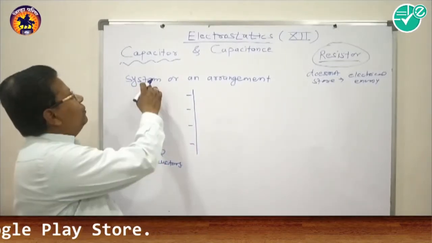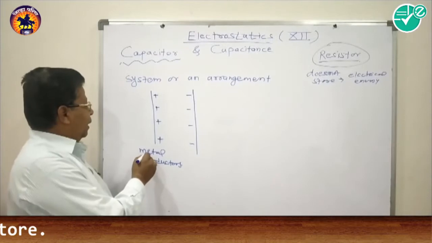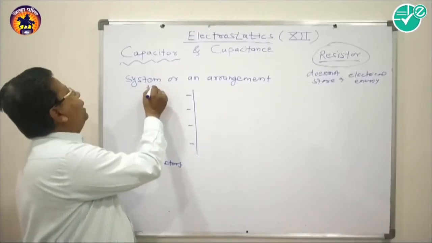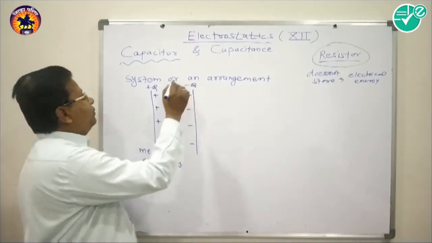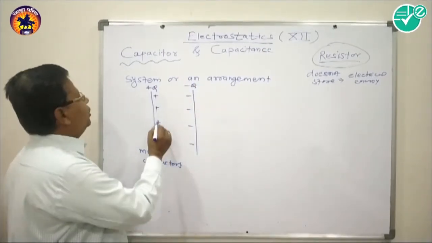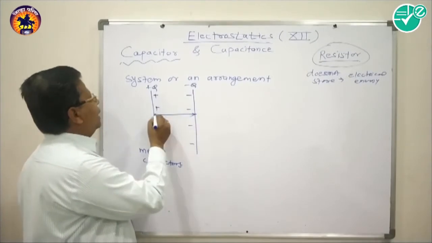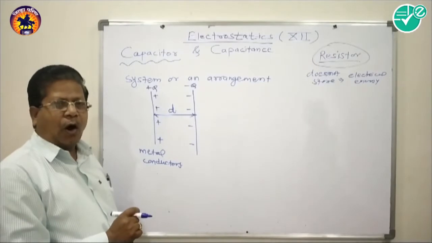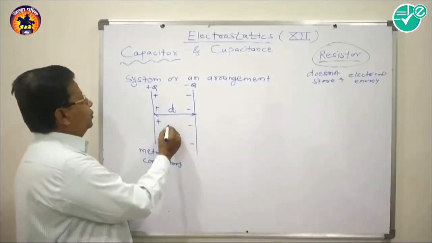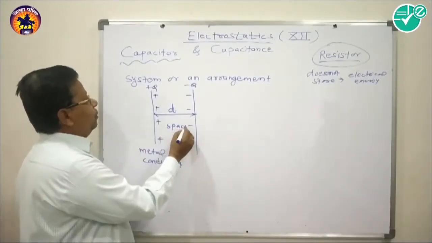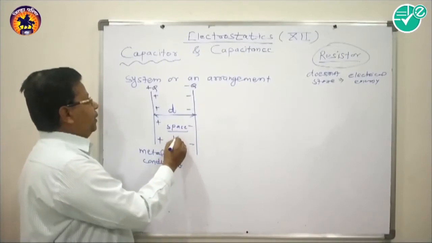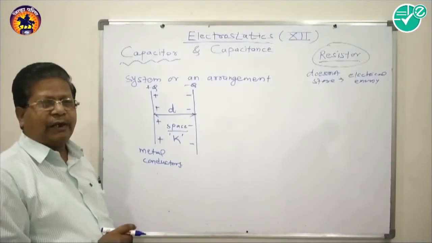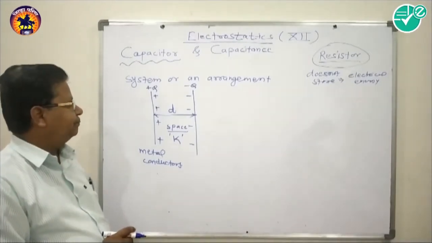The system is formed by insulated metal conductors having equal and opposite charges, and these two plates are separated by a small distance, or the space between these two conductors is filled with an insulating medium, that is K, or dielectric medium.